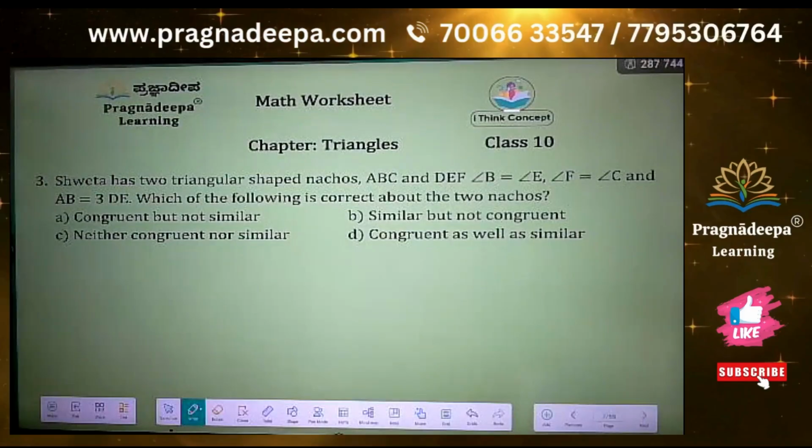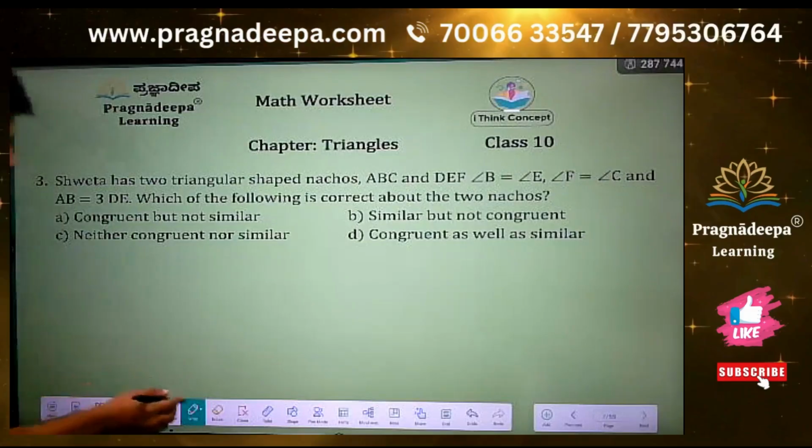Shweta has two triangular shaped nachos, ABC and DEF. Angle B is equal to angle E, angle F is equal to angle C, and AB is equal to 3DE. Which of the following is correct about the two nachos?